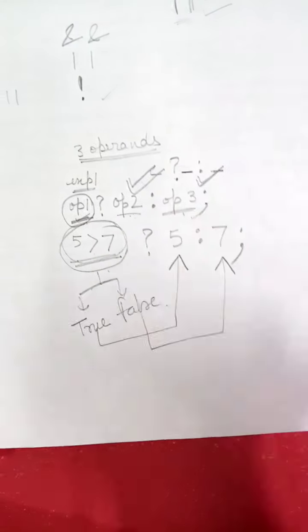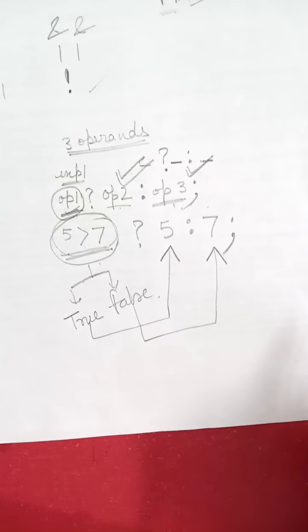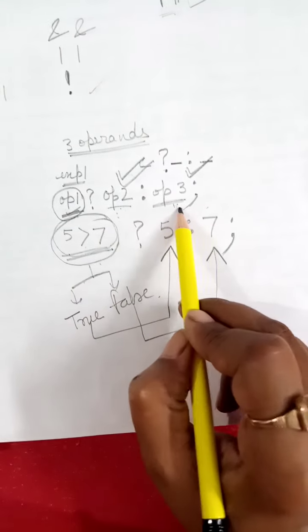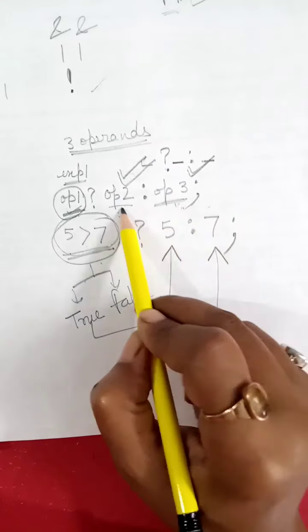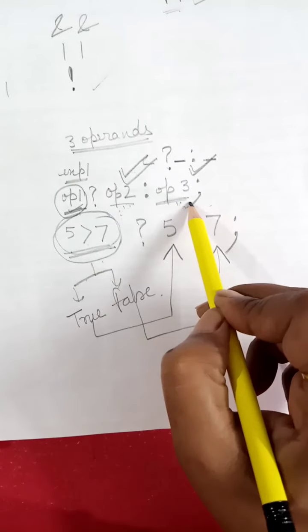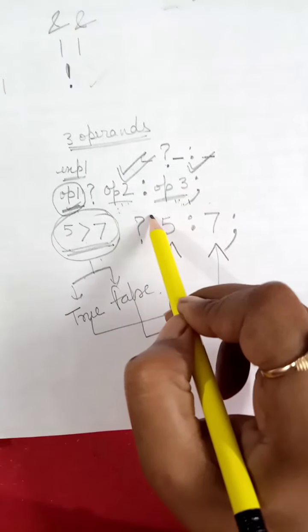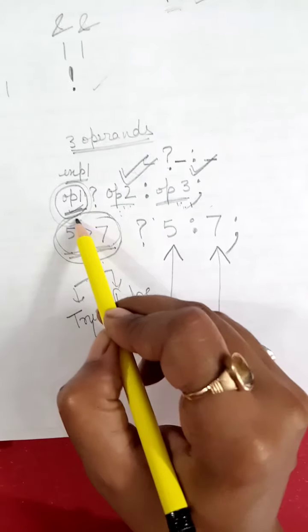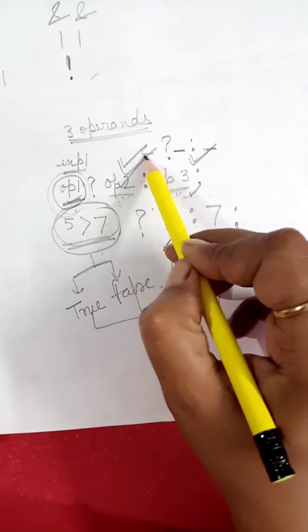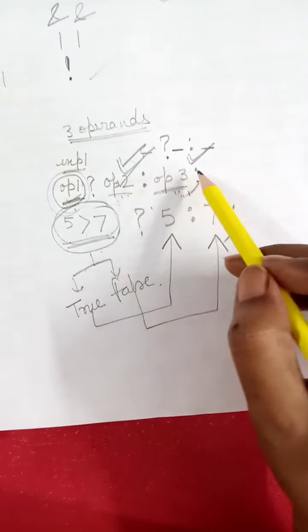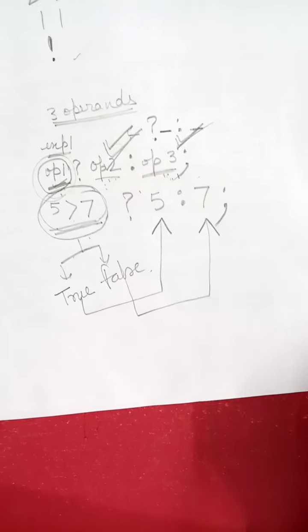Otherwise, the third will be the result. You will not be getting both as answers. Only one, either this or this, based upon the condition.